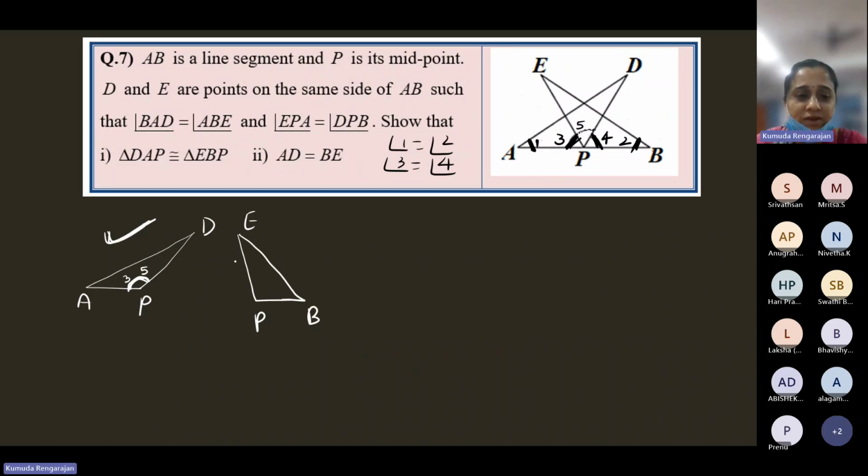And in the same way, how do you name this angle, or how do you read this angle? EPB. Now look at the figure given in the question. EPB is 4 and 5 together.